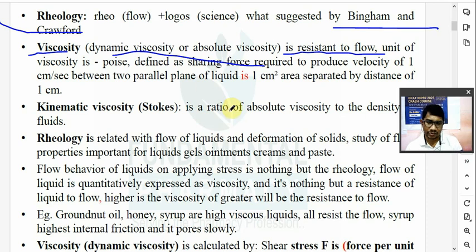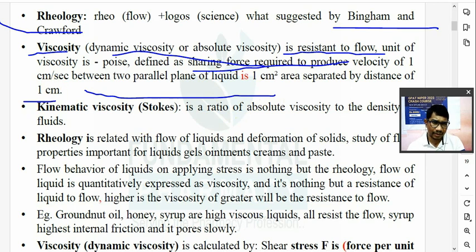Shearing force required to produce a velocity of 1 centimeter per second between two parallel planes of liquid having surface area 1 centimeter square separated by a distance of 1 centimeter. Now, kinematic viscosity. What do you mean by kinematic viscosity?